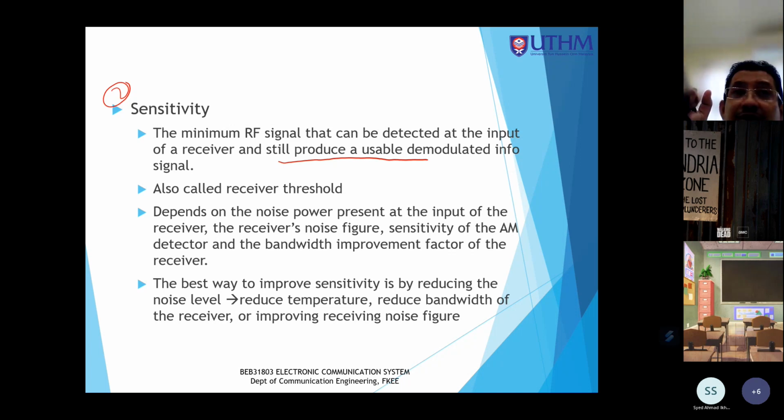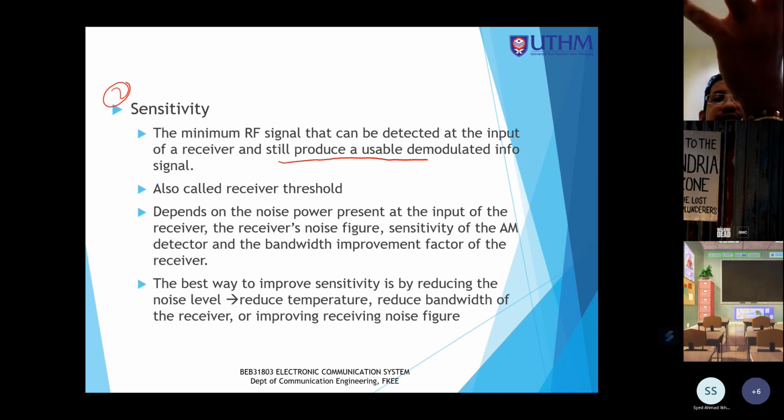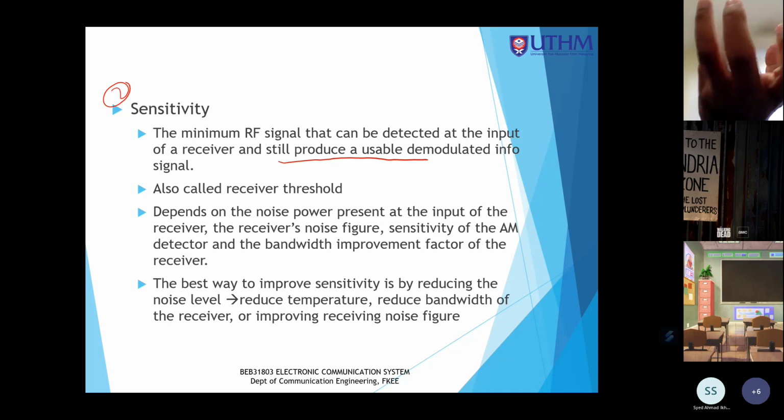Bukan hanya dia boleh terima, tetapi dia boleh melakukan proses seterusnya sehingga terhasillah original information signal. Okay, berapa sensitif kita punya receiver.